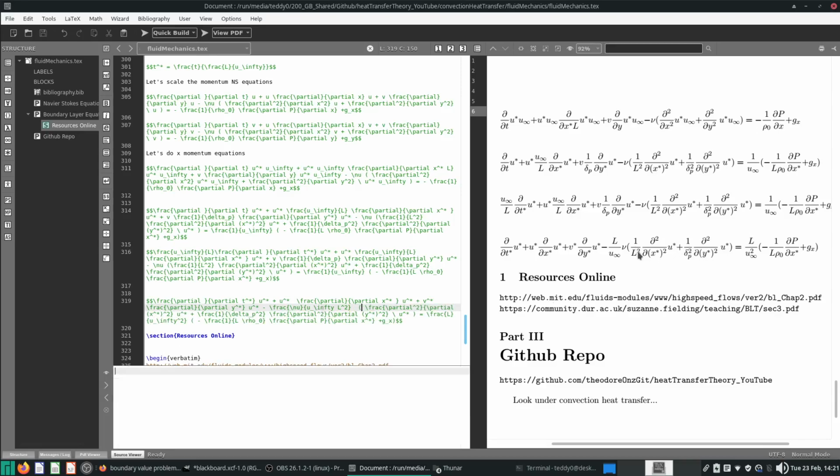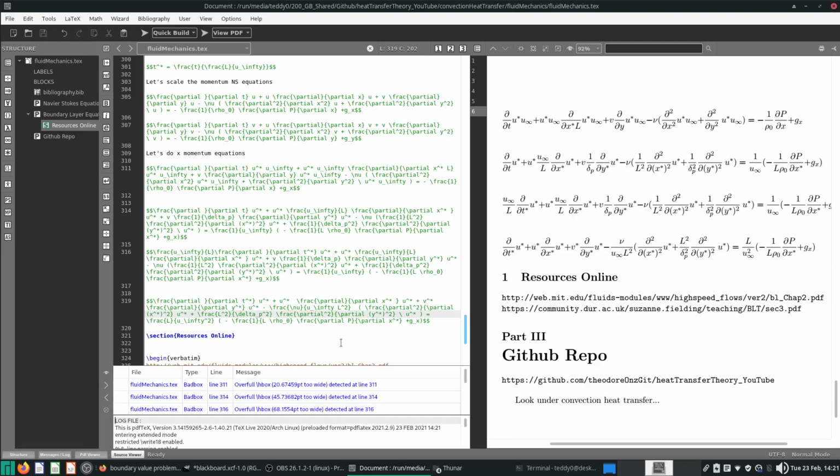Oops, sorry, this over here should be L, not L squared, because previously we just had an L on top there, so you need to cancel that out.